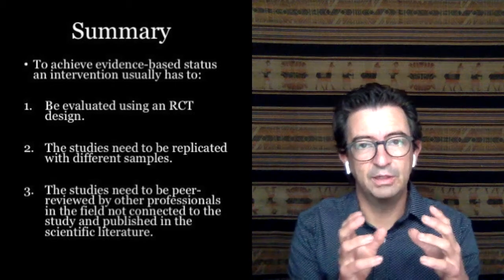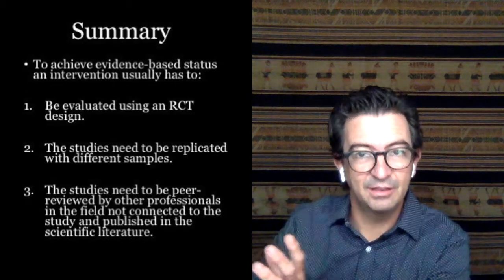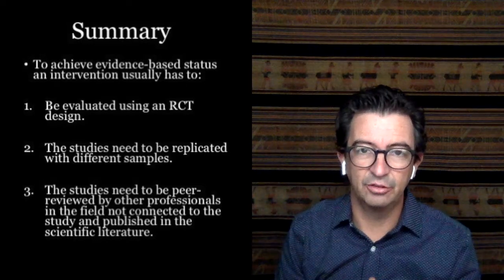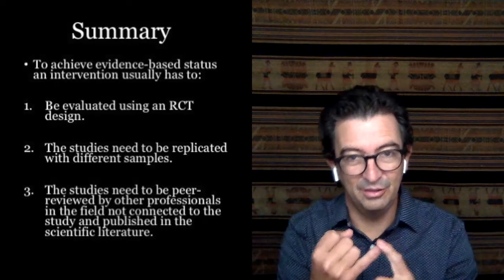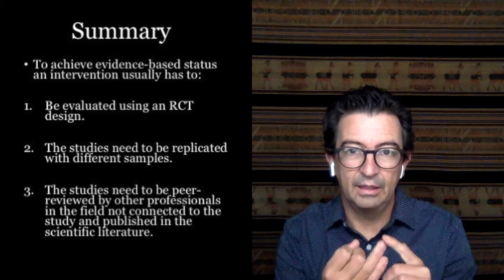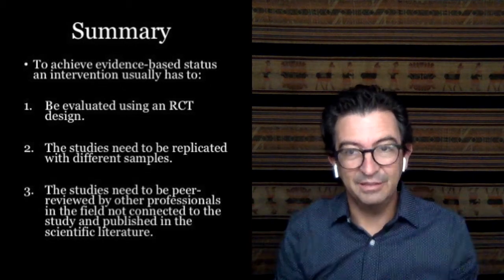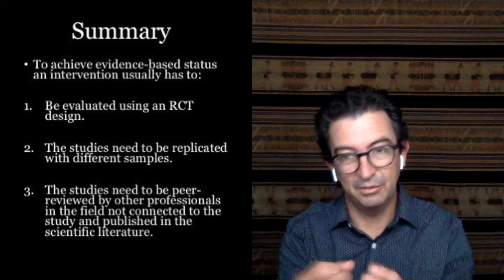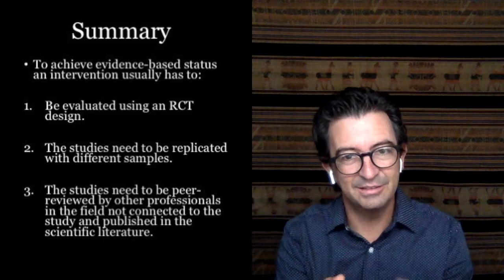So, in summary, for a practice or for an intervention to become evidence-based, to receive that status, to be given that status by a clearinghouse, they have to be evaluated using a randomized controlled trial design. And the studies need to be replicated. There has to be more than one with different samples, preferably in different places and with different scientists.